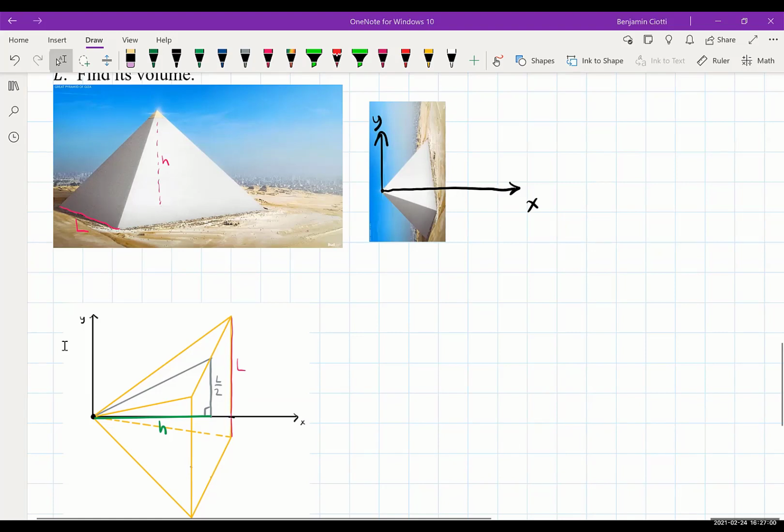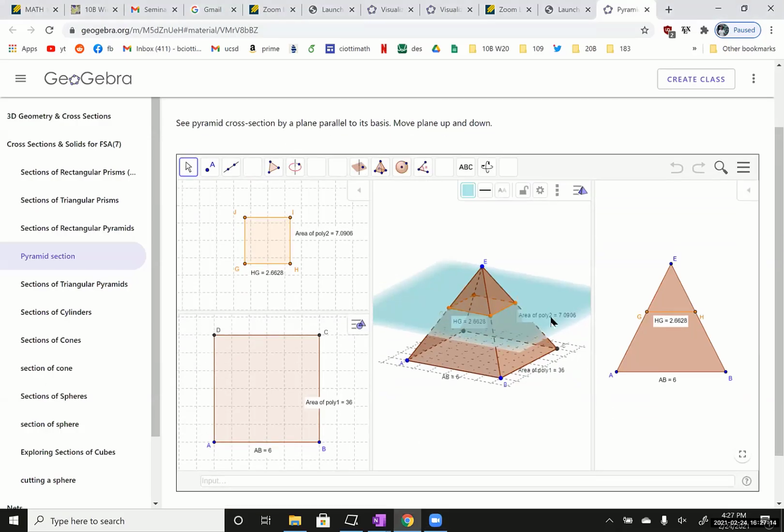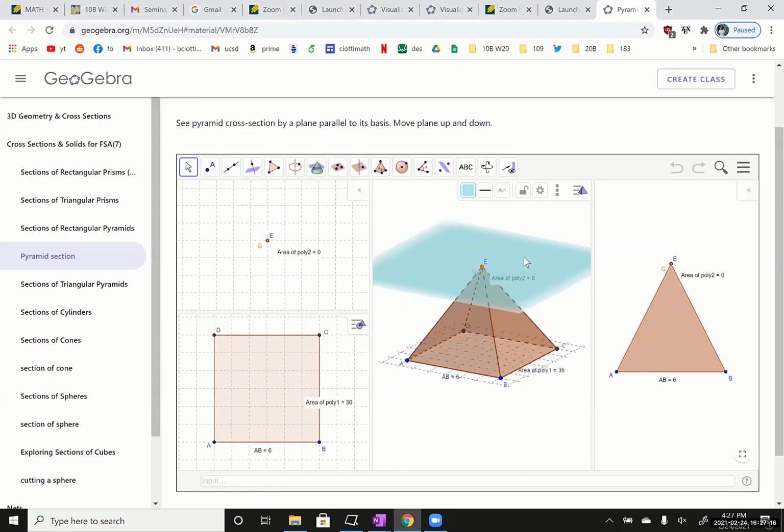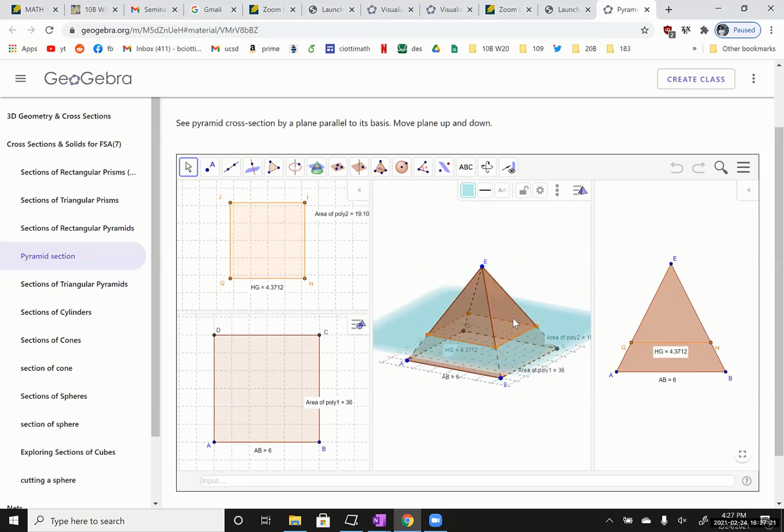Let me show you cross sections real fast. There, so there's a solid, and as you make slices parallel to the base, you can see the cross sections are squares.